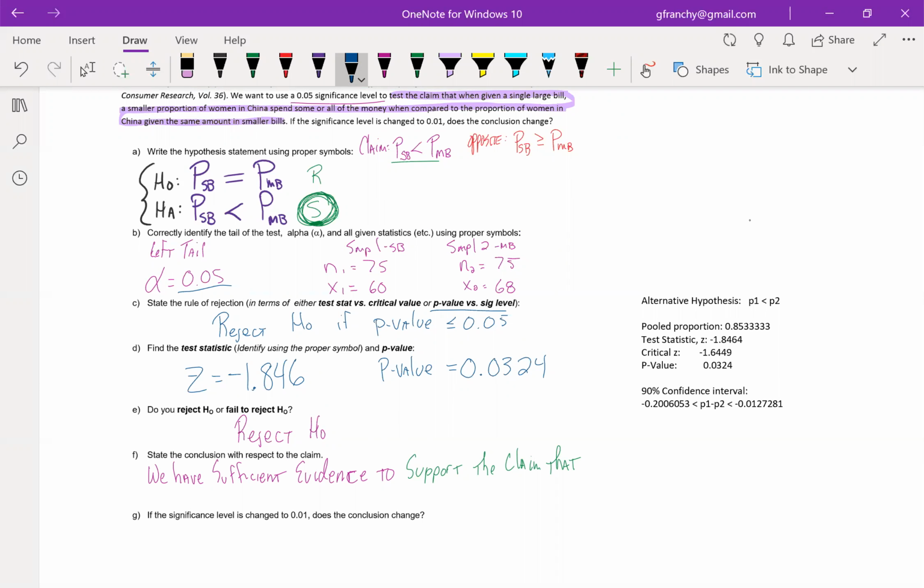So the claim that when given a single large bill, a smaller proportion of women in China spend some or all of the money.